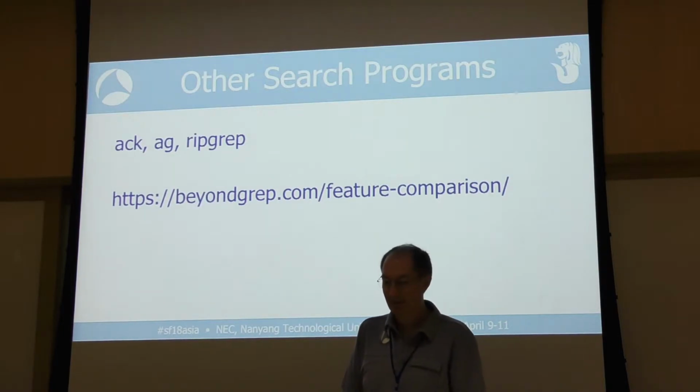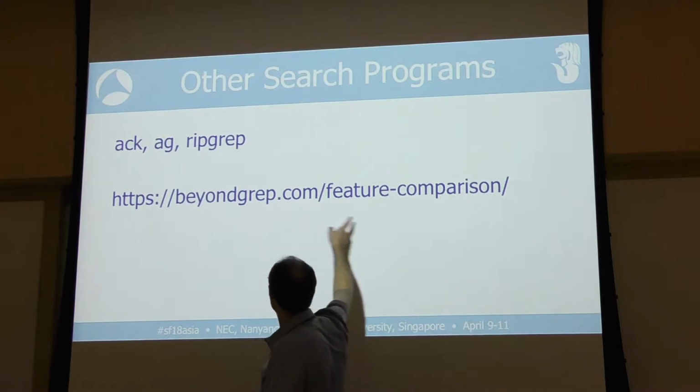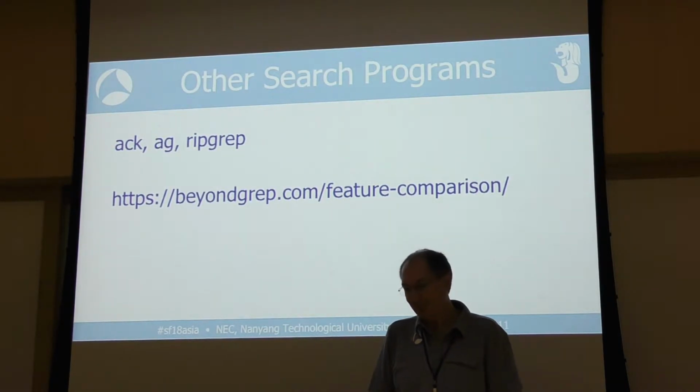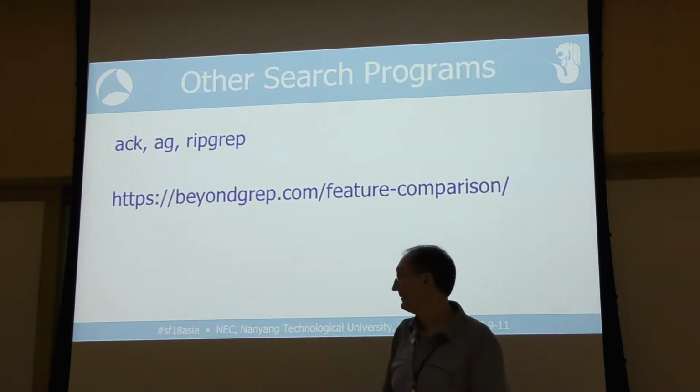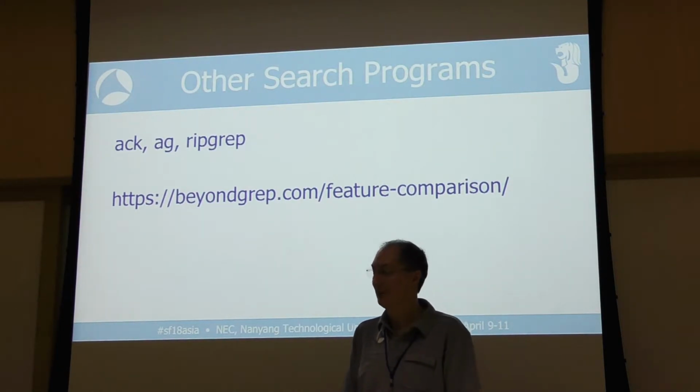People were really fond of them and use them. If you want to find out what they do, there's a nice comparison page at this URL. So if you use the command line a lot, like I do, this may be beneficial to you because you can find stuff on your system a lot more quickly.